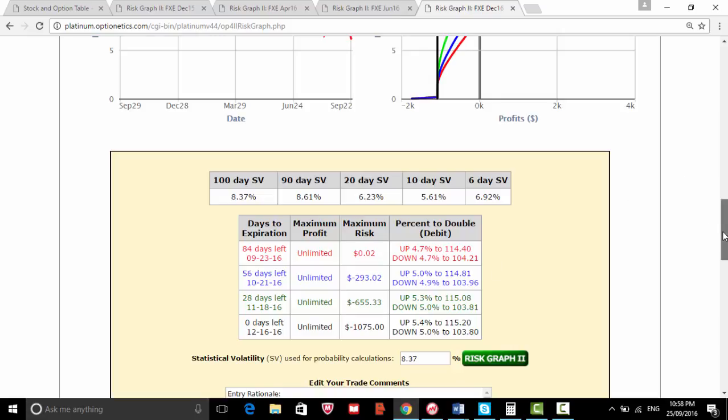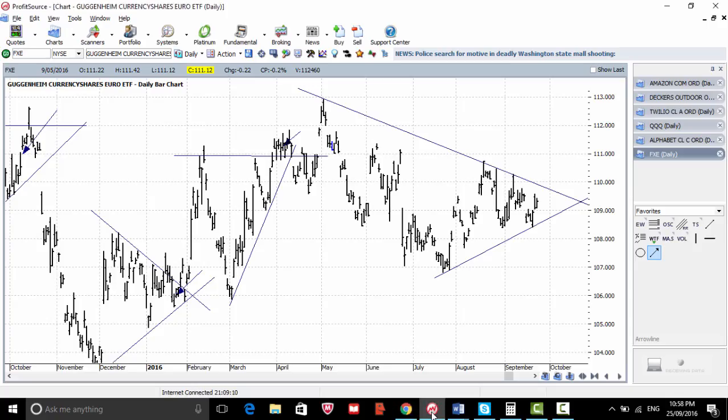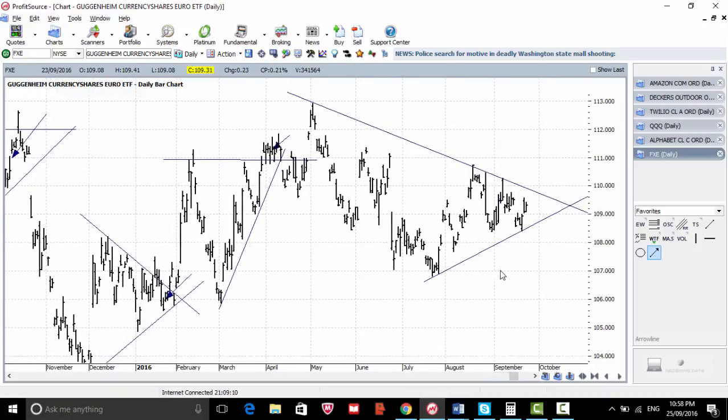So this is the current price of the euro. You'll have to wait for this trade to work out or not work out over the next couple of weeks, and I'll give you an update as it's progressing. I would expect that the euro would maybe continue to move a bit closer into this range and either move up and break above or move down and break down.